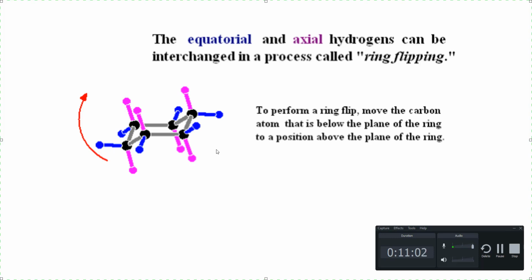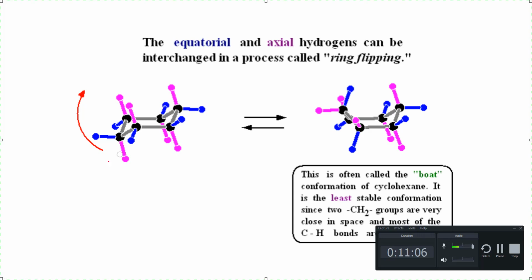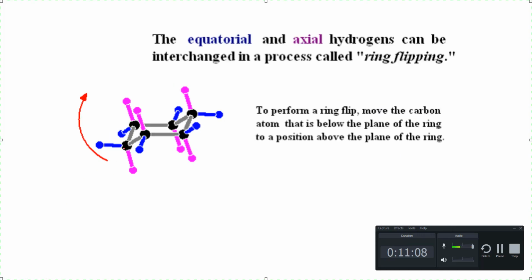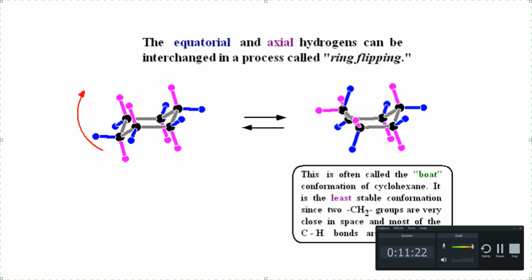Instead, a ring flip is when you grab, for instance, this carbon and rotate it up to go into the position above the plane of 4 carbons. When you do that, you end up with that carbon now above the plane. And the other carbon, if it remains unchanged, would also be above the plane.